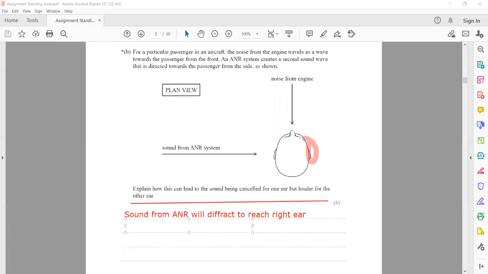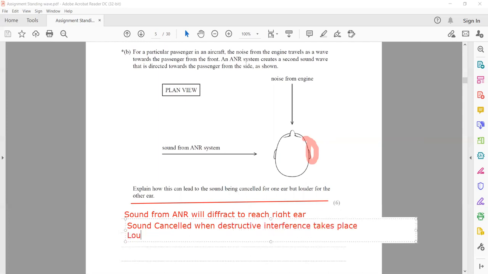and destructive interference will take place, and loud sound is there when constructive interference.